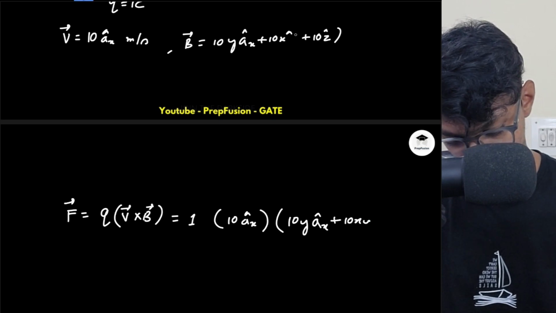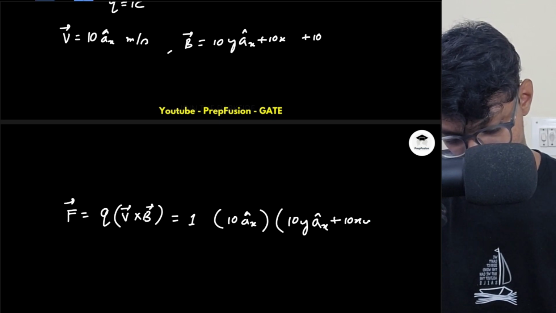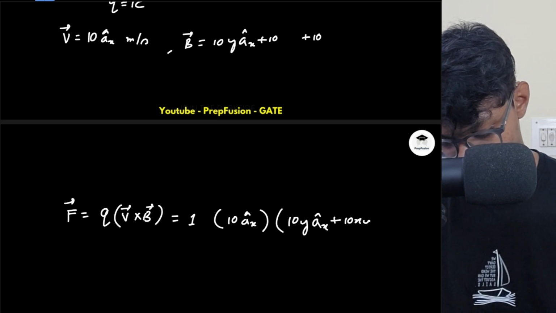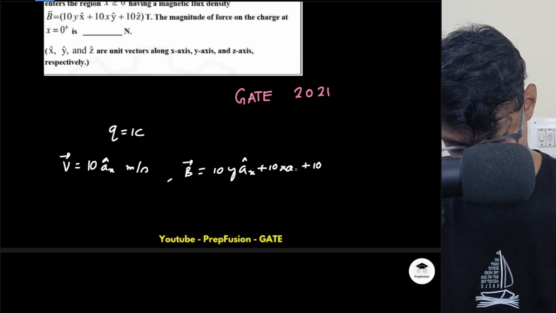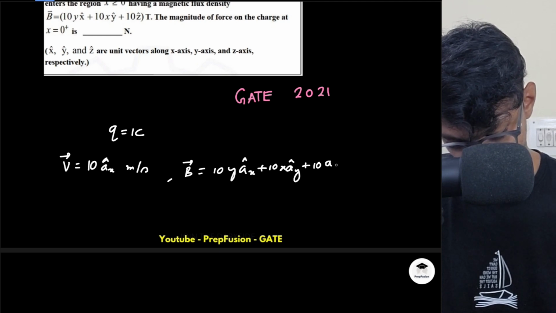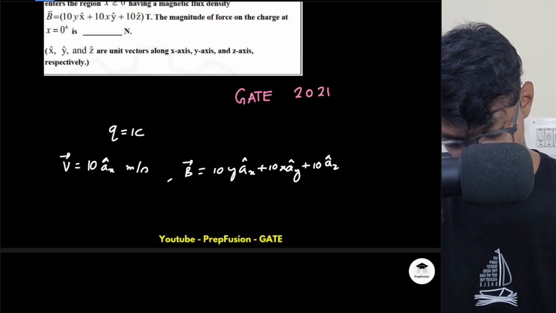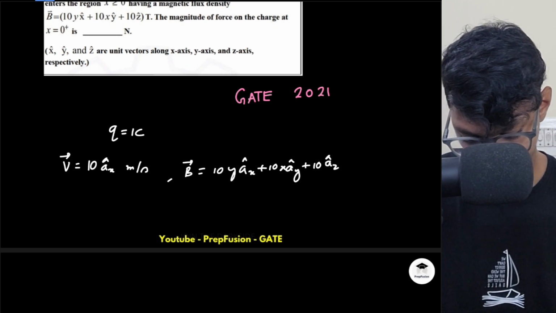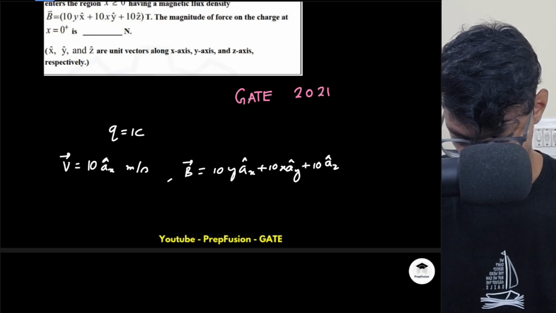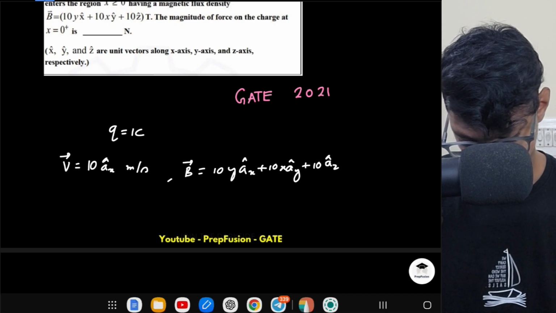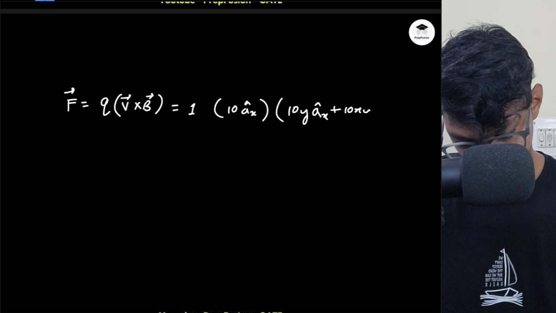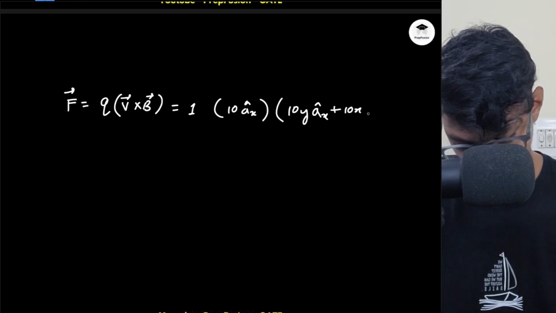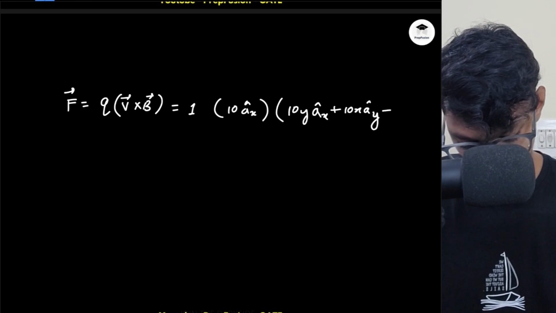Okay, this board sometimes gets stuck. This will be ay plus 10 az.